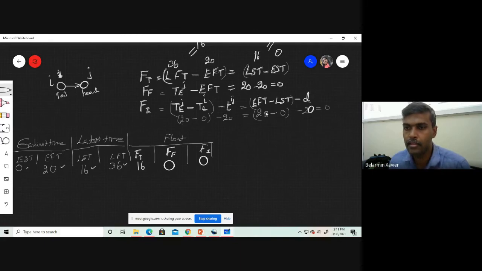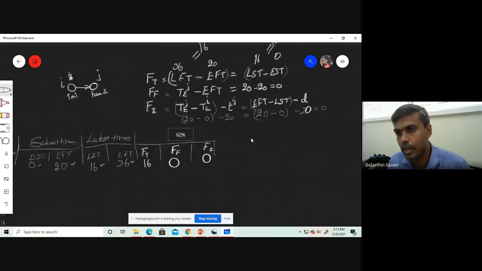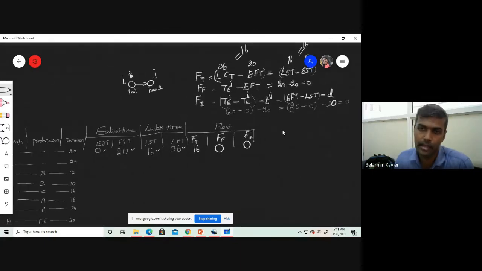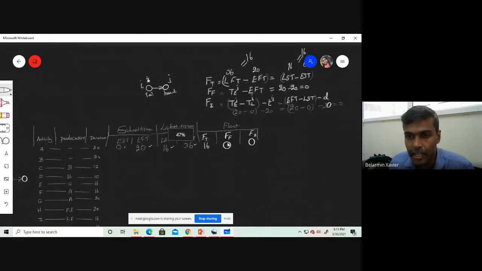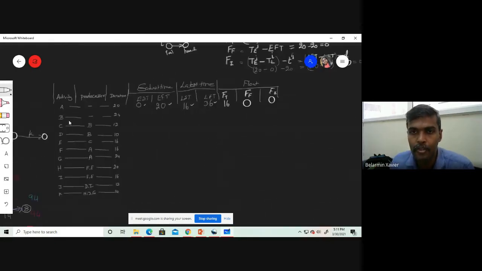Okay. So instead of going every time and referring to the diagram, you can get the earliest starting time, earliest finishing time, latest starting time and latest finishing time from this particular table itself, and you can calculate the float. Similarly, for each and every activity, we need to fill the values.